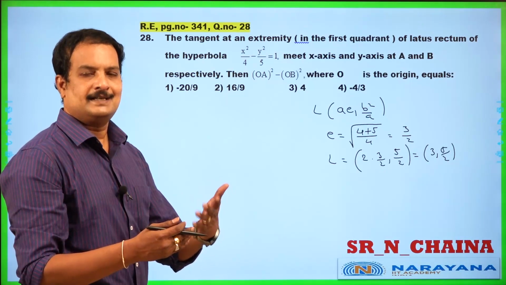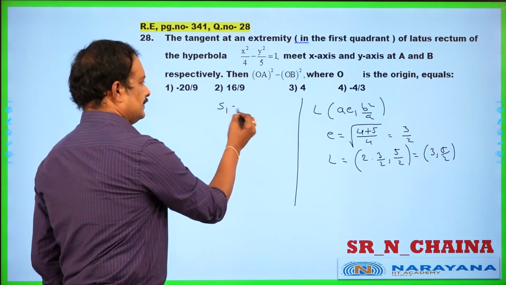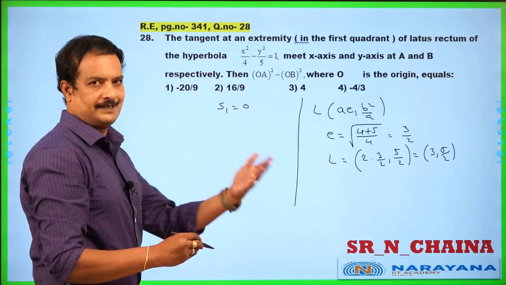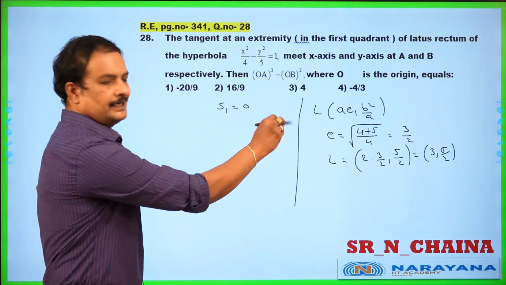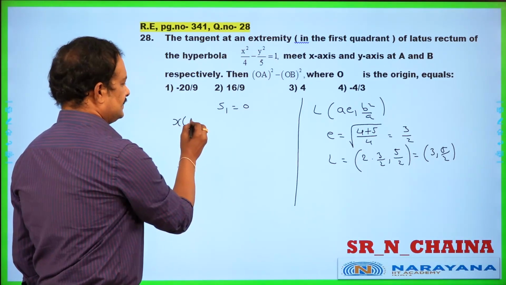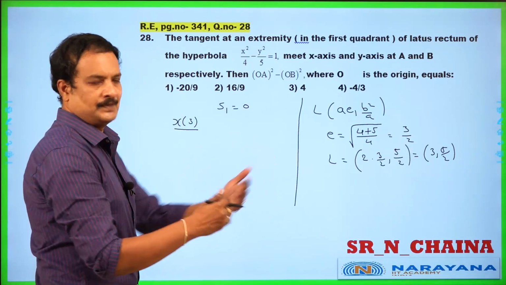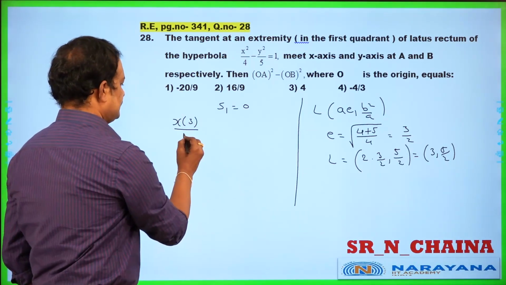It is nothing but S1 equal to 0. So let us take S1 equal to 0. Okay, S1 equal to 0 is a tangent at a point x1, y1. Now we are trying to find out the tangent at this point. So xx1, so x into 3 by 2, because at the point (3, 5 by 2). So xx1 by a square, a square is 4.